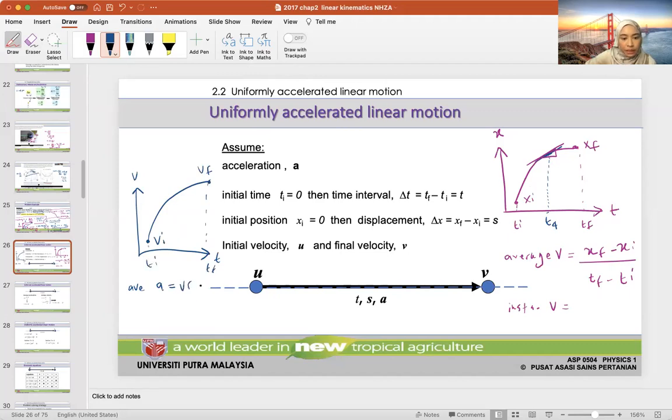So VF minus VI over TF minus TI, or delta V over delta T. Whereas for instantaneous, let's say I want it over here, this gradient yang kecil ni, that gradient at that point is the instantaneous at time x, whatever that time is. Find the gradient over there, you will get the instantaneous acceleration.